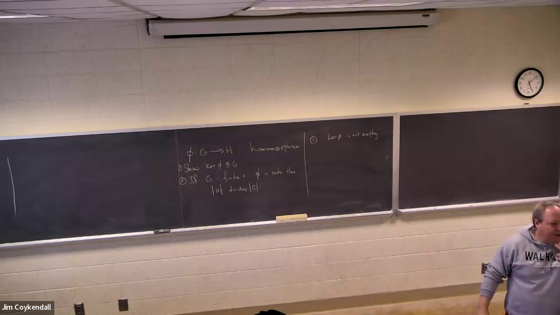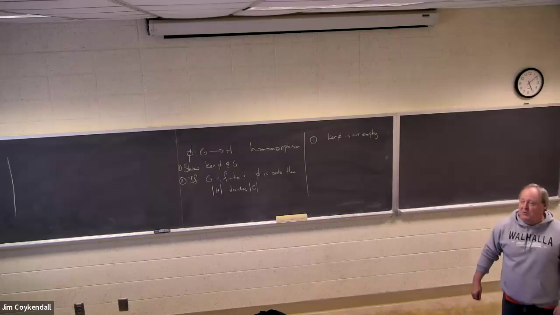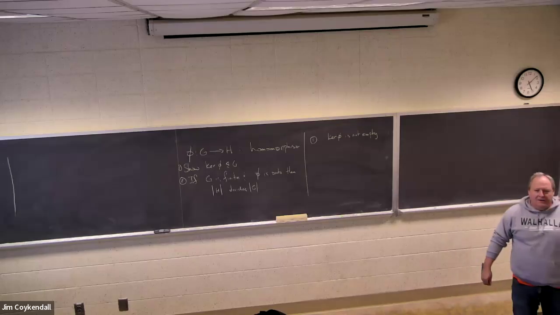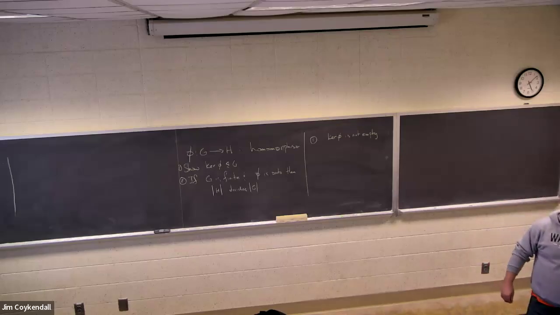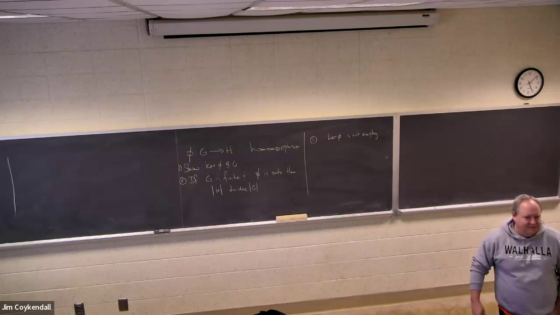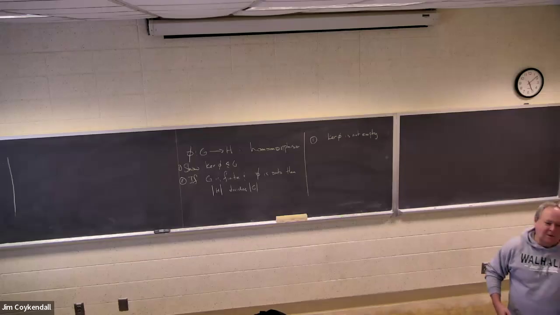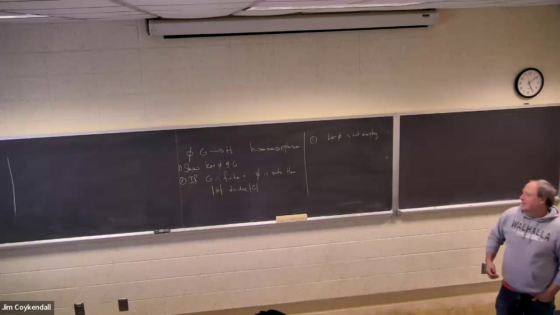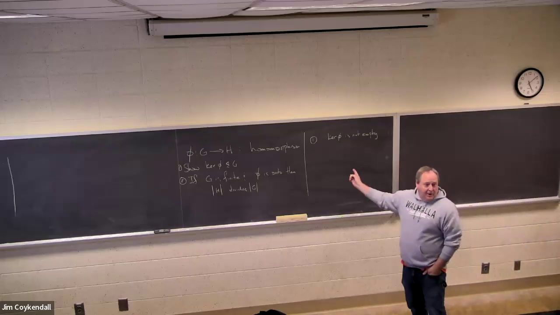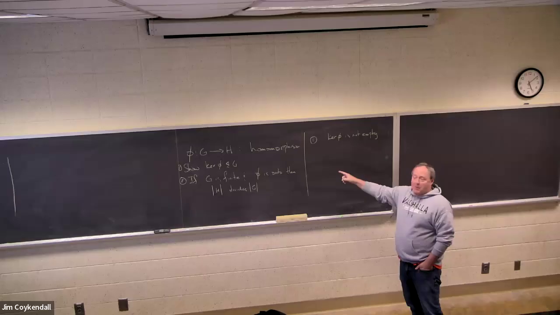Why is that? Can you identify something in the kernel? Well, the identity is in the kernel, so it's not empty, right? Because for any homomorphism, the identity of G has to go to the identity of H.